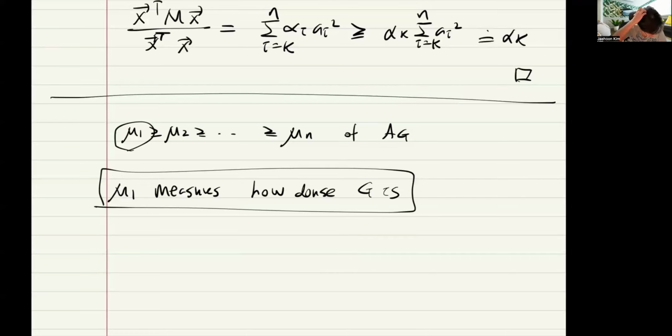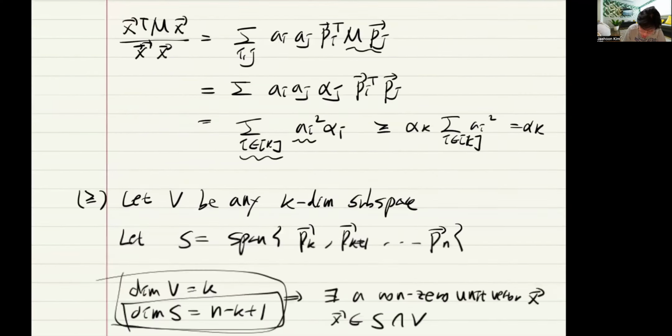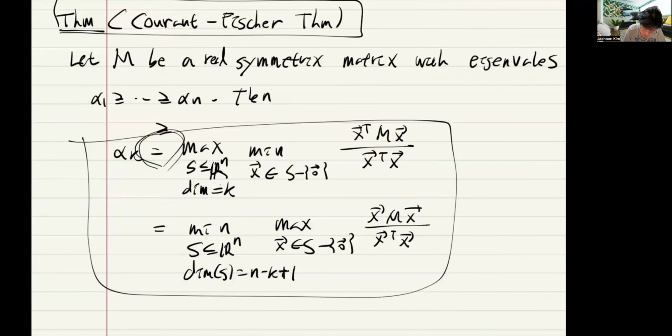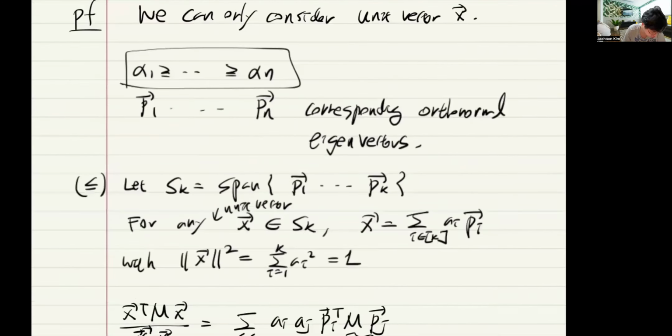You already have such an intuition from this Rayleigh quotient. It's the Courant-Fischer theorem.